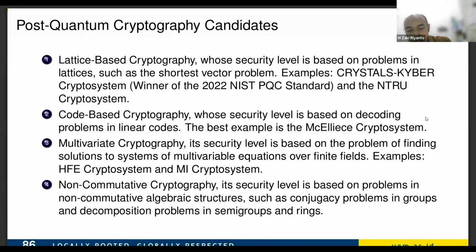Okay, I think that is all, Mas Ali, for the sharing session today. Thank you, Pak Zaki, for your presentation.